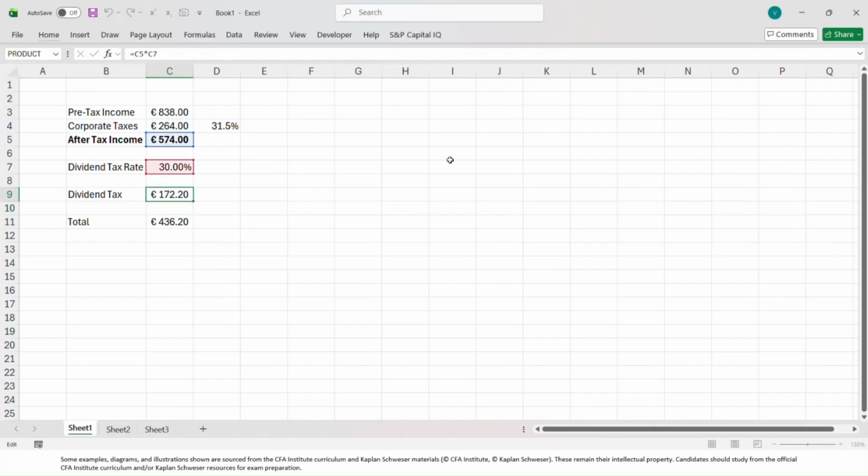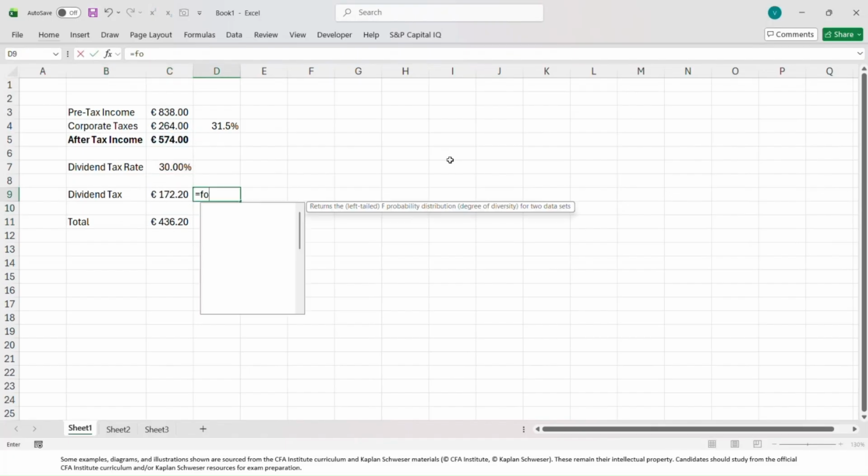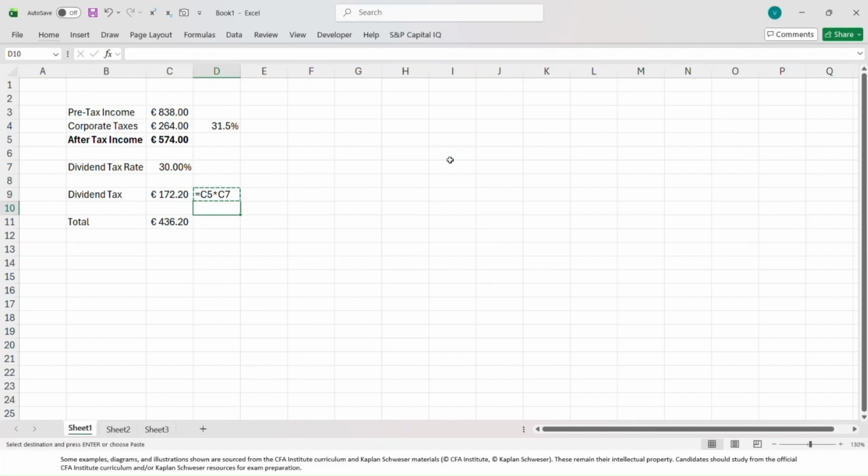It's 436 million euros of taxes paid, and that divided by 838 pre-tax income is a cumulative 52.1% tax. That is my net tax rate.